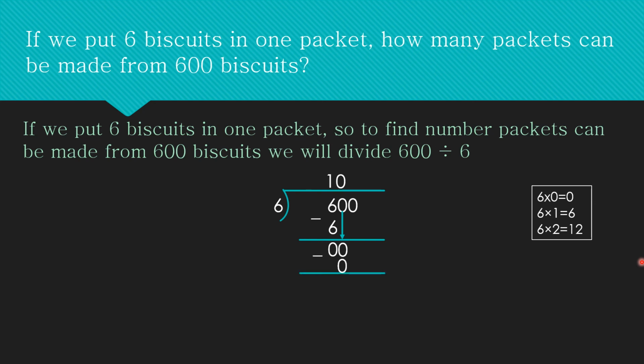Now again we have to take this 0 down and divide it. So again we will write 6 zeros are 0 and divide with 0. So 0 on the top, 0 down, subtract it, we will get the answer 0.